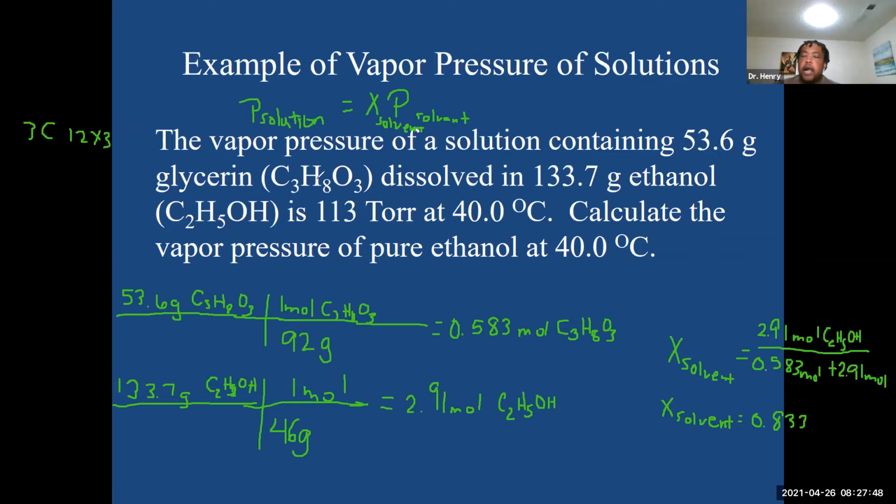Does it have to be in atmospheres? Nope, it doesn't have to be in atmospheres, because the mole fraction is unitless, and so whatever unit you use for pressure, you get the same unit. So you take 113 times, so what am I given? What is that 113?